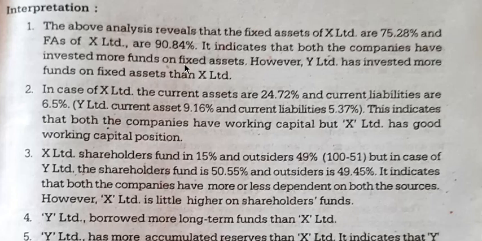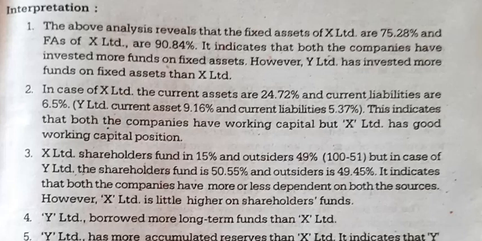Next, X Limited's shareholders' fund is 15% and outsiders' liability is 49%, but in case of Y Limited, it is 55% and 49%. This indicates both the companies are less dependent on shareholders' fund, because if 50% or more is taken from shareholders' fund, it means they have raised more of their funds from shareholders.